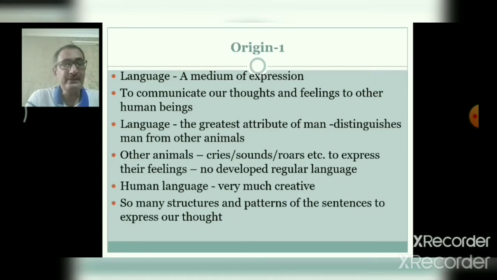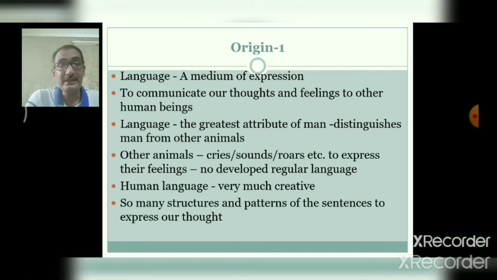Now, descent of the English language focuses on logical arguments of different linguists about the origin of different languages in the world, and it will narrow down to the origin of the English language itself.